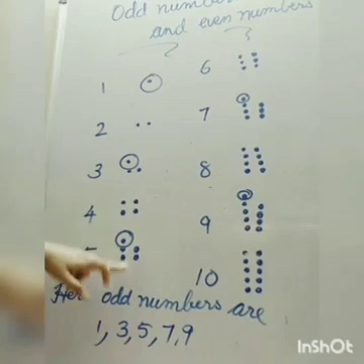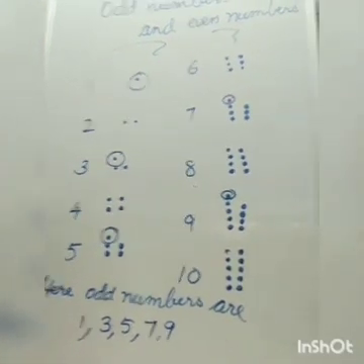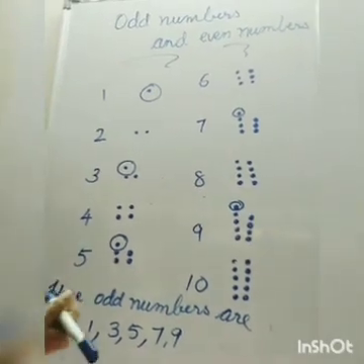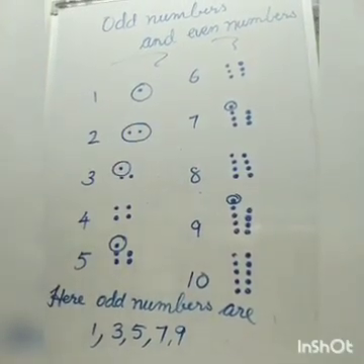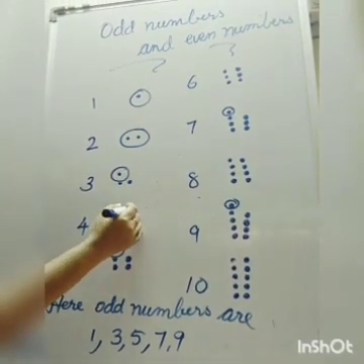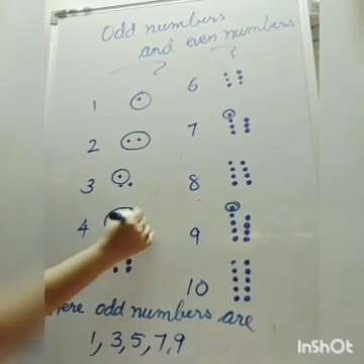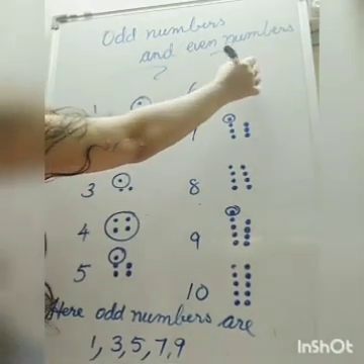Odd numbers clear? Now next, even numbers. What is an even number? Dots which represent numbers and remain in pairs are called even numbers.